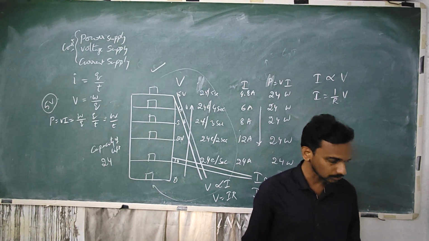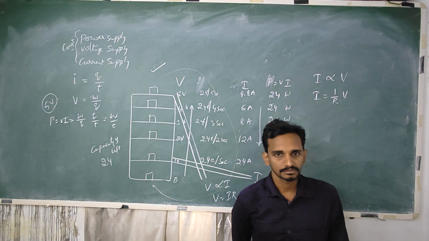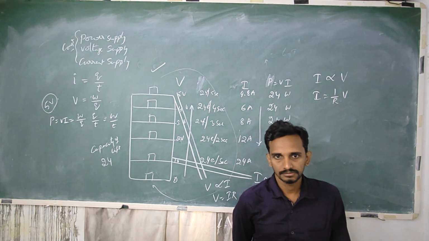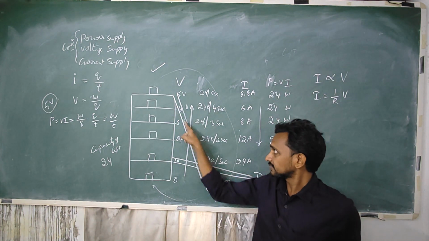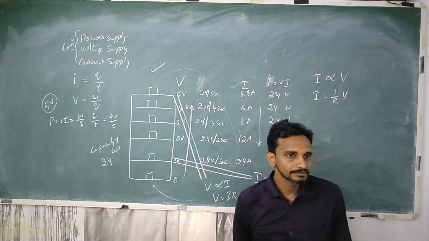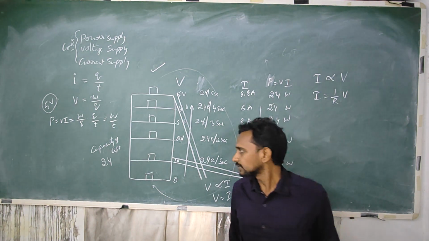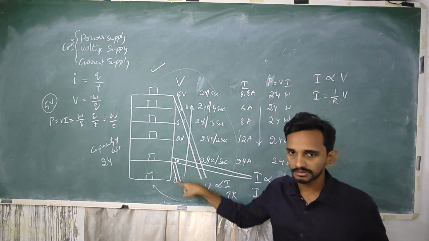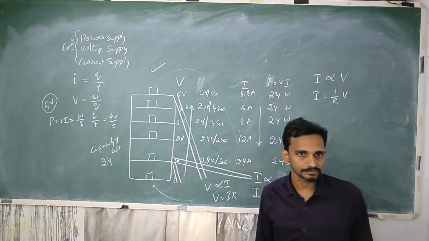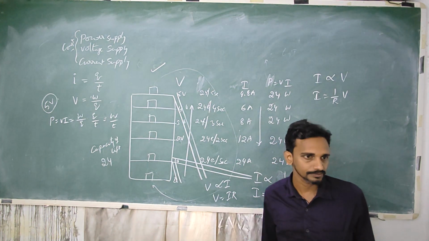I mean, what remains constant? It is the size of this slide that remains constant. If I use a shorter slide, here also current will remain the same. I mean, here also carriers will come back quickly.